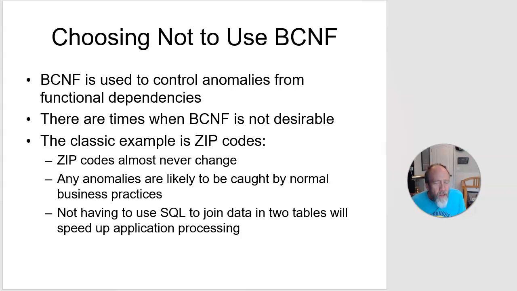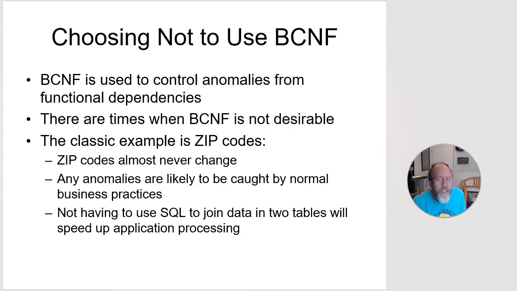Okay, good example, and my favorite example, and just use this as a guide to the example that you can say, you know what, this isn't in BCNF, but it's like the zip code example. And most people that work with data are going to go, yeah, I get it. The zip code example.